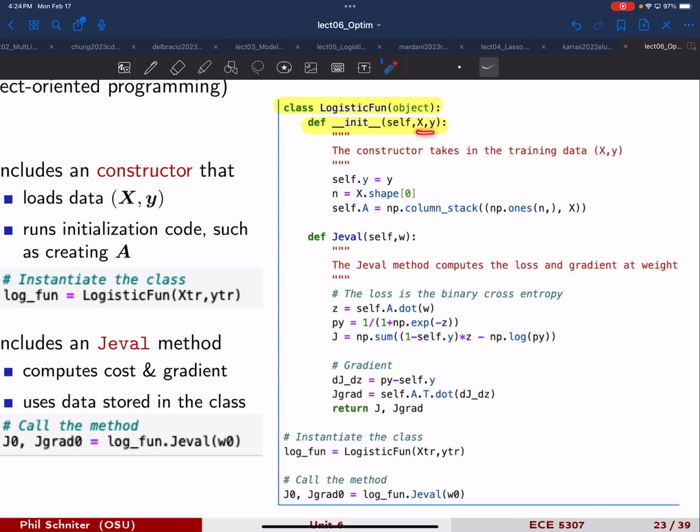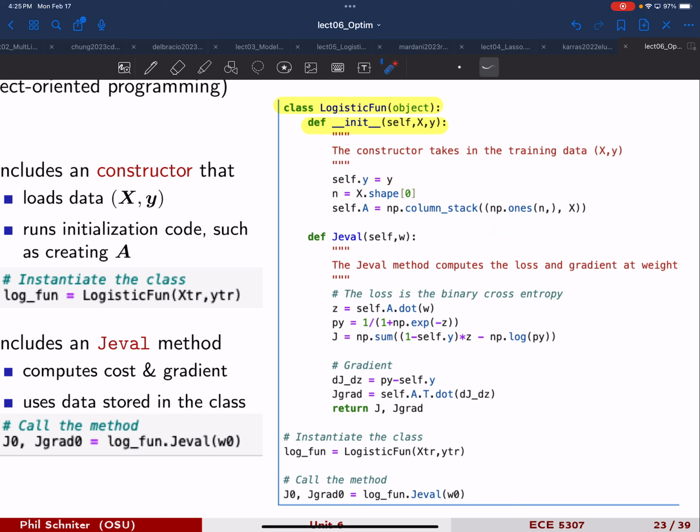This piece of code shows what you provide when you instantiate it. So here it says, let's provide it with the training data, matrix X, vector Y. And what this initialization code is going to do, as you can see, is create that A matrix. So we're going to do this once when we initialize it, and then never again.